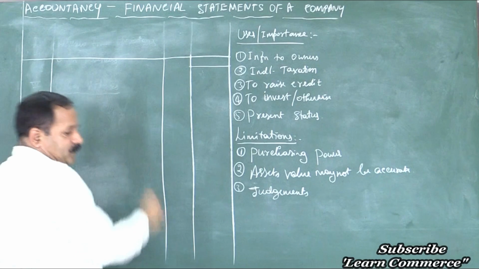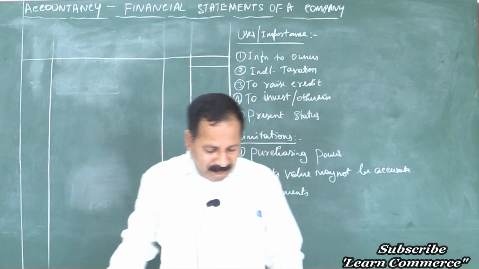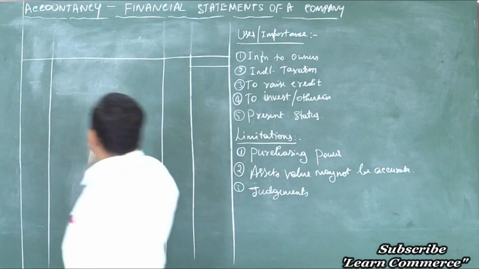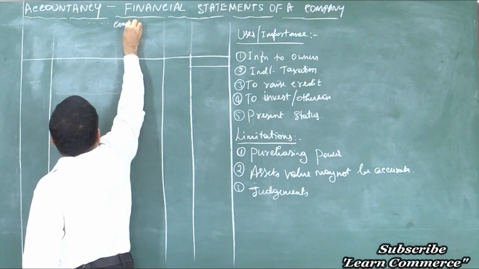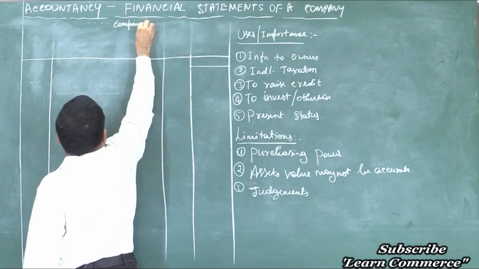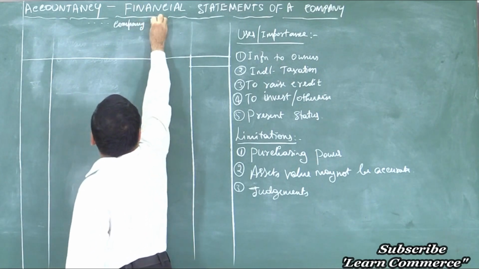Name of the company is not given, I suppose, in the problem. No, it is not given. So I will write dash dash company limited. Draw the columns quick.